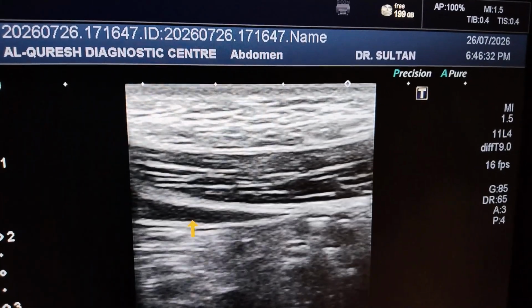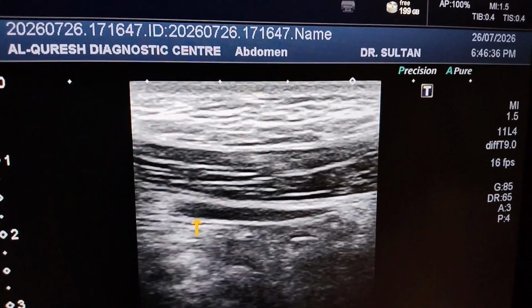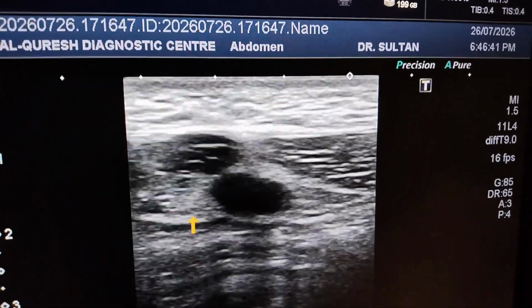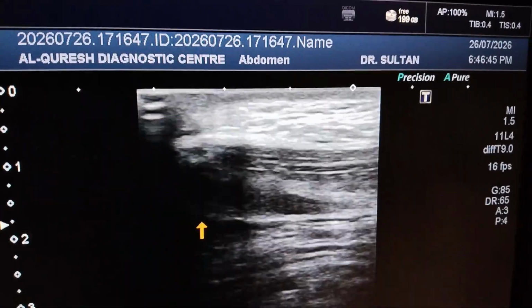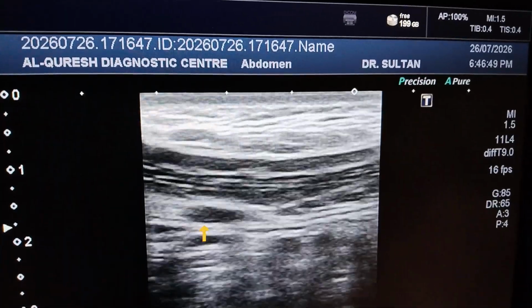And this urachal sinus may appear late in age, as this fellow is 22 years old. Now, this was all about the urachal sinus that is infected.